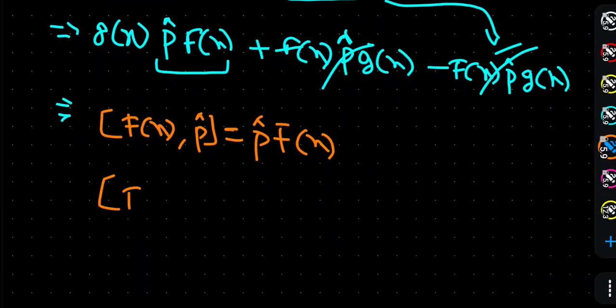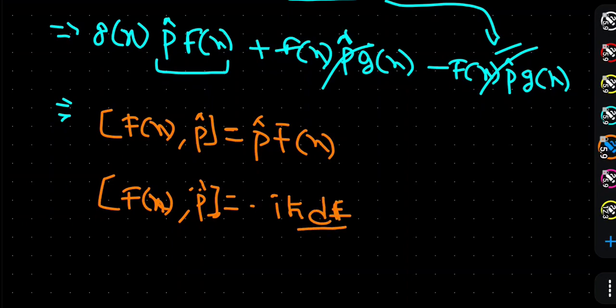If you write the momentum operator in its equation form, you get minus i h bar df by dx. So this is what we had to prove.